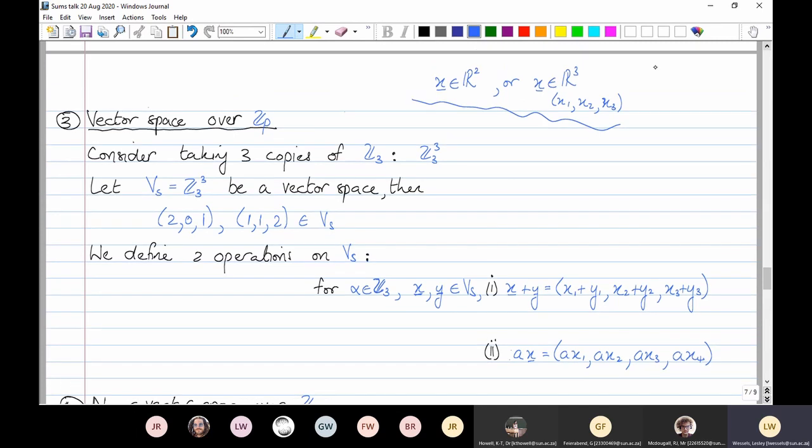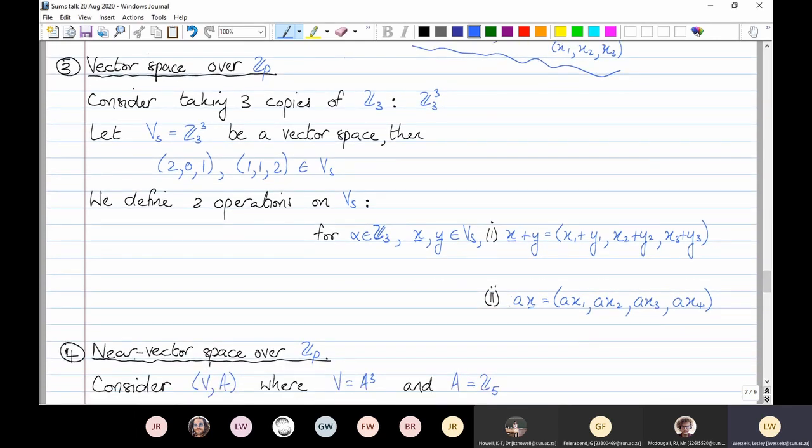Just to remind you, normally vector spaces in R2 and R3, in 2 or 3 dimensions, that gives you the number of components you have, and with R the components are real numbers. In this case, you have a restriction because we are working with elements in Z3, so my elements can only be 0, 1, and 2.